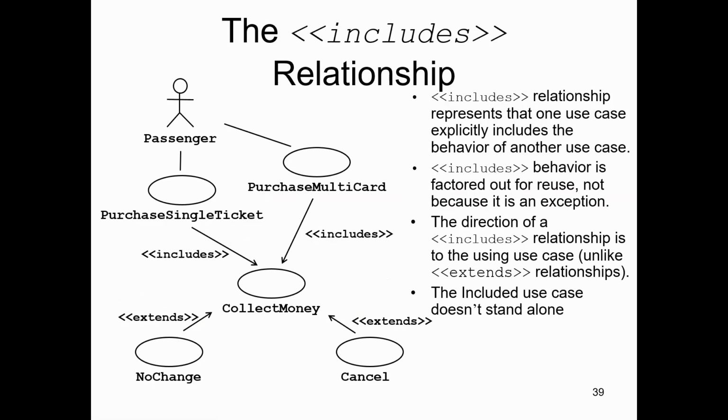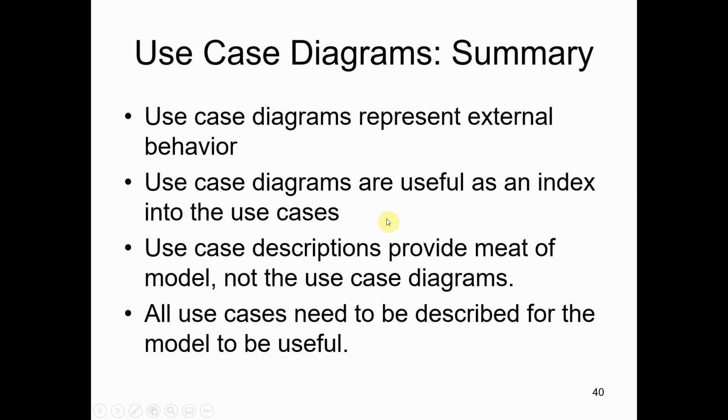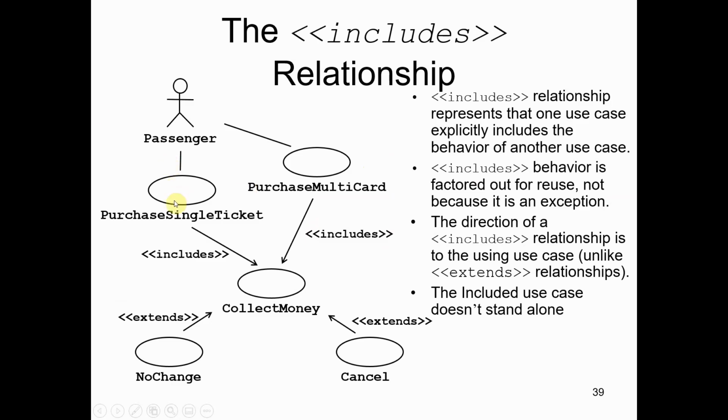Then the include relationship represents that one use case explicitly includes the behavior of another use case. This is when we have multiple use cases. In this particular example, the passenger can purchase different kinds of tickets. They can take a single ticket or a multiple-ride card, and can also purchase weekly or even monthly passes.